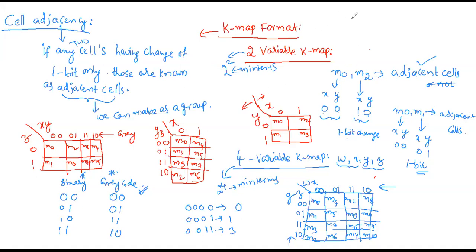Now, can you tell me M0 comma M3, adjacent cells or not? In two variable K-map, are M0 and M3 adjacent cells or not?